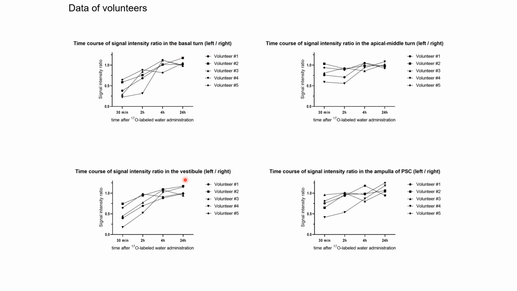For the cochlea and vestibule, in all 5 volunteers, the signal drops in the first session and then gradually recovers. But in the apical and middle turn of cochlea, the signal drop is very mild. And very interestingly, we can see the signal drop in the ampulla of posterior semicircular canal. This is endolymphatic space. So we can visualize the permeation of O17 water into endolymphatic space.